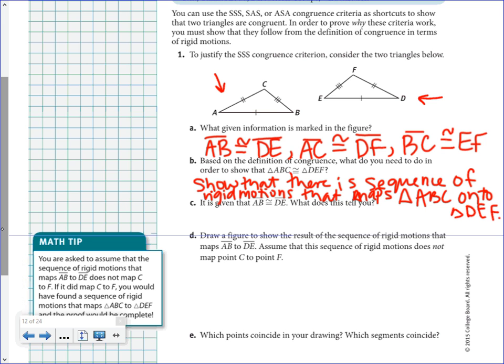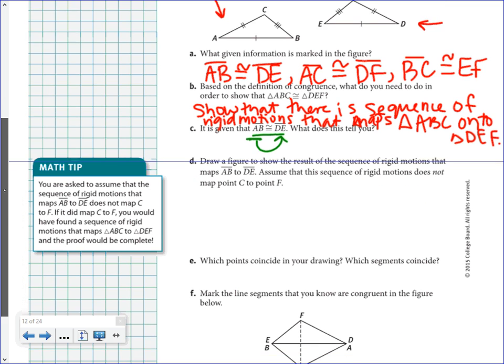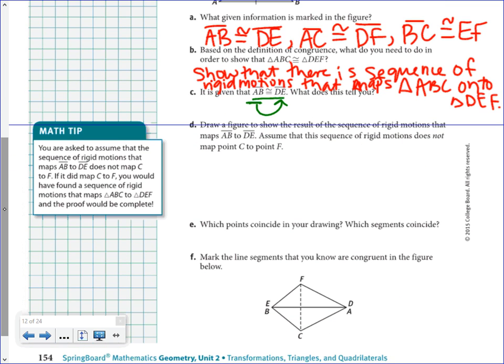So it says it's given that AB is congruent to side DE. What does that mean? That tells us there's some sequence of rigid motions that's going to map AB onto DE. And now they want us to draw that figure that would map AB onto DE.